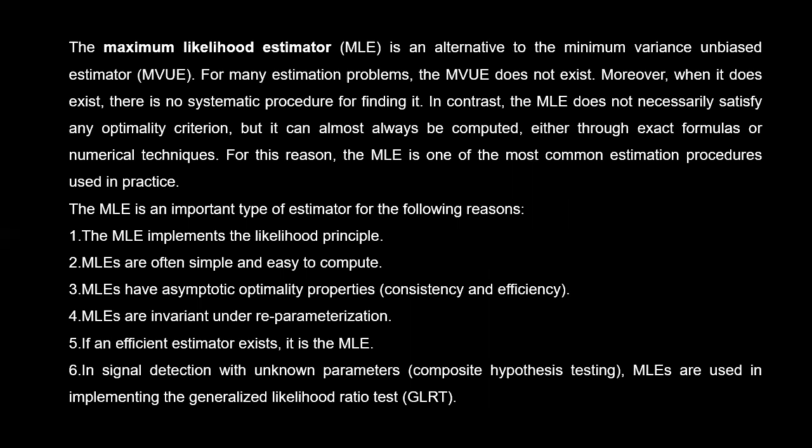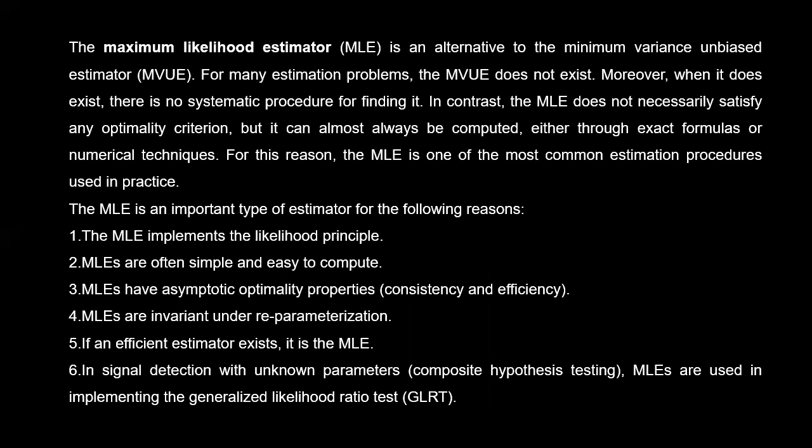The first topic, maximum likelihood, minimum variance and sufficiency, is an alternative to the minimum variance unbiased estimator. For many estimation problems, the minimum variance unbiased estimator does not exist. Moreover, when it does exist, there is no systematic procedure for finding it.